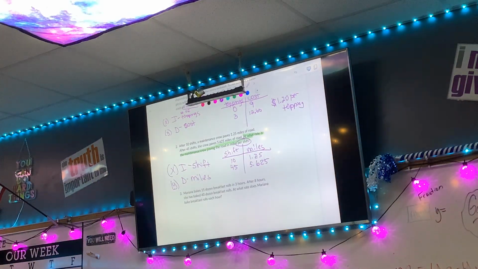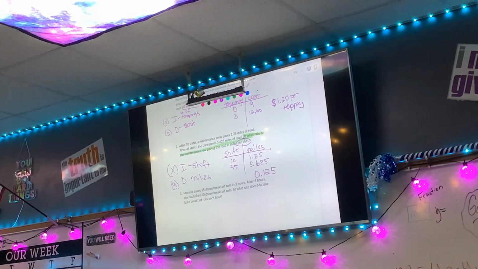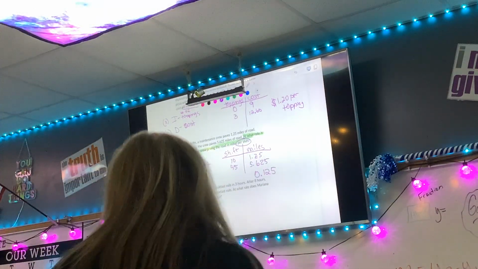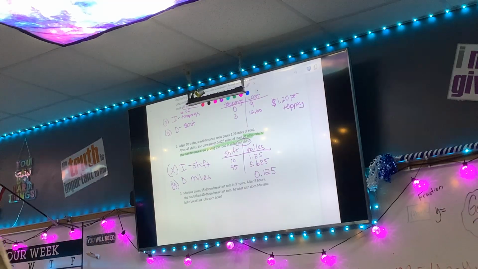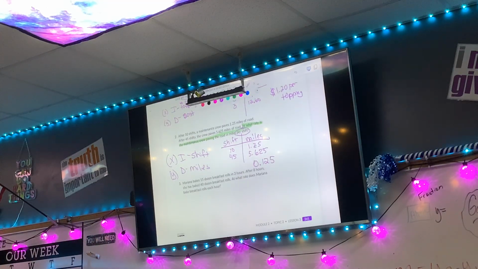How many miles per shift do you get done? 0.125. This is not talking about money, so you have to write what you get. Because we didn't get 0.13 miles done. Got it? So that's why you wouldn't want to round that.